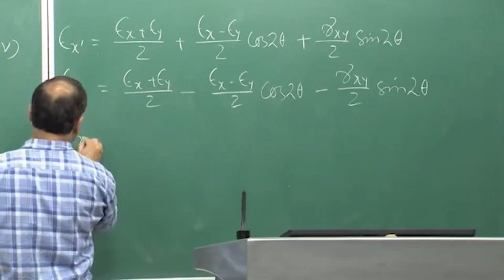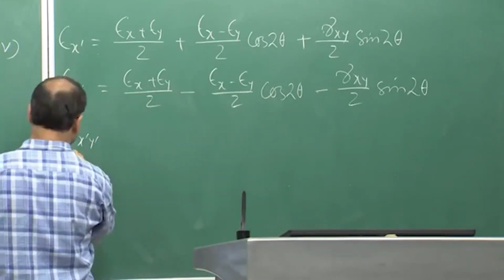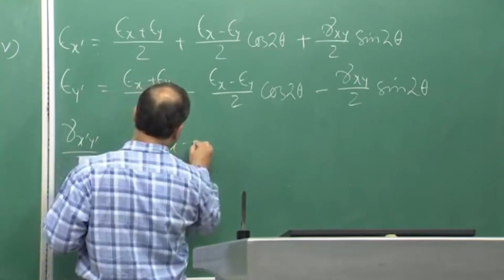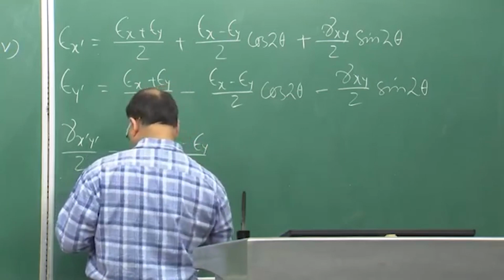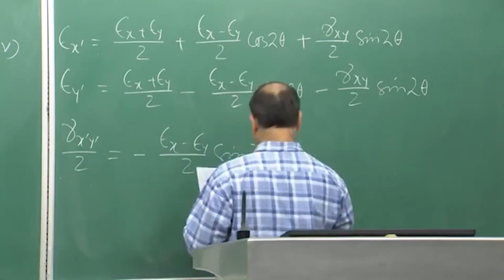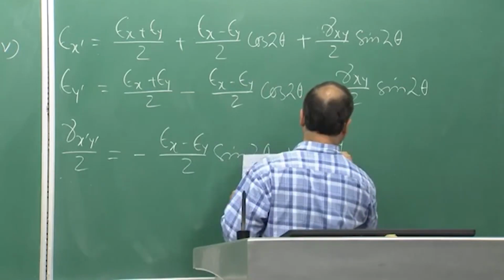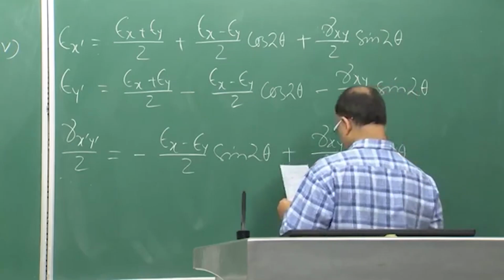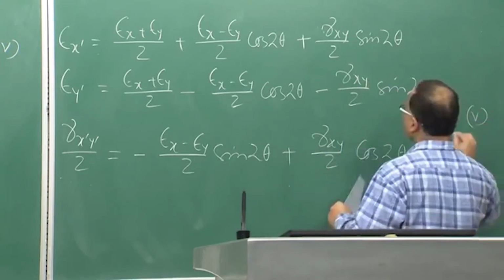And gamma x prime y prime by 2 is equal to minus epsilon x minus epsilon y by 2 sin 2 theta plus gamma x y by 2 cos 2 theta. So, equation 5.